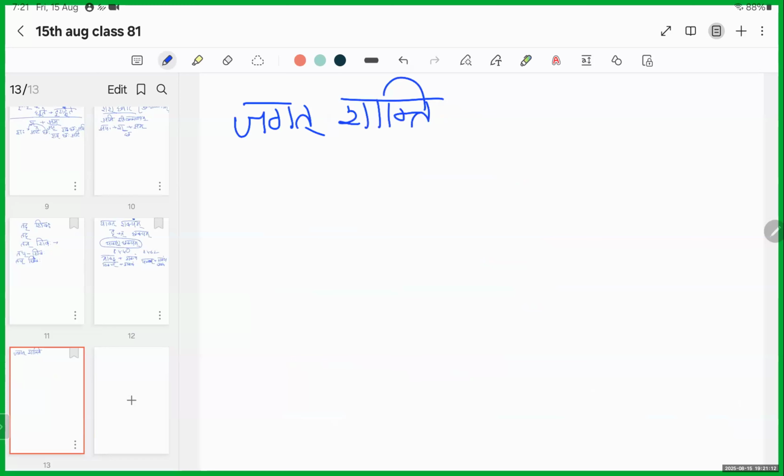You can make it Shashti Tatpurusha. Jagatha Shanti, peace in the world. Right? Compound. So what will happen now? First, Jagad Shanti. Jalam Jashante. Then what will happen?